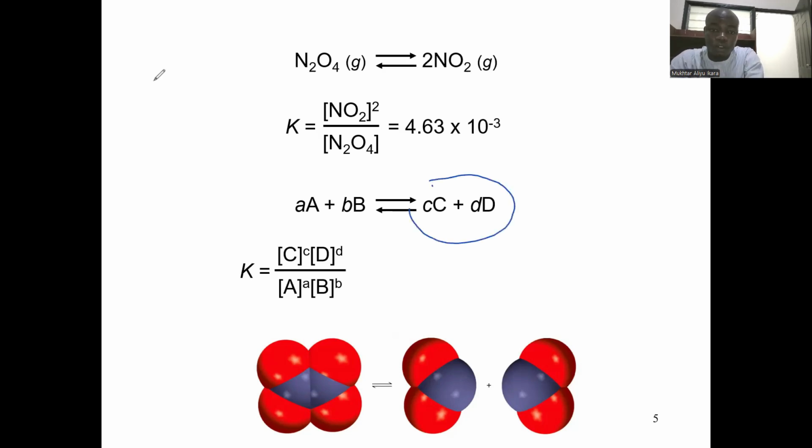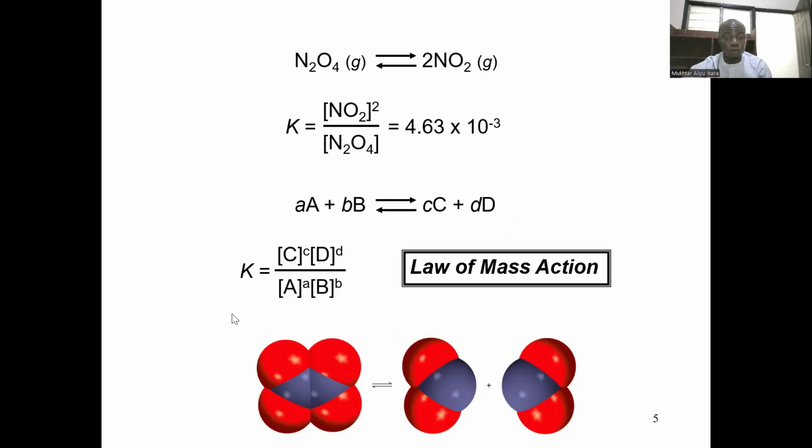So we have C, and this small letter c is the coefficient of C, so it is put as a power of c. Then we have D, whose coefficient is small letter d. After that, we have A with coefficient small letter a, and B with coefficient small letter b. That is how we arrive at this equilibrium constant.